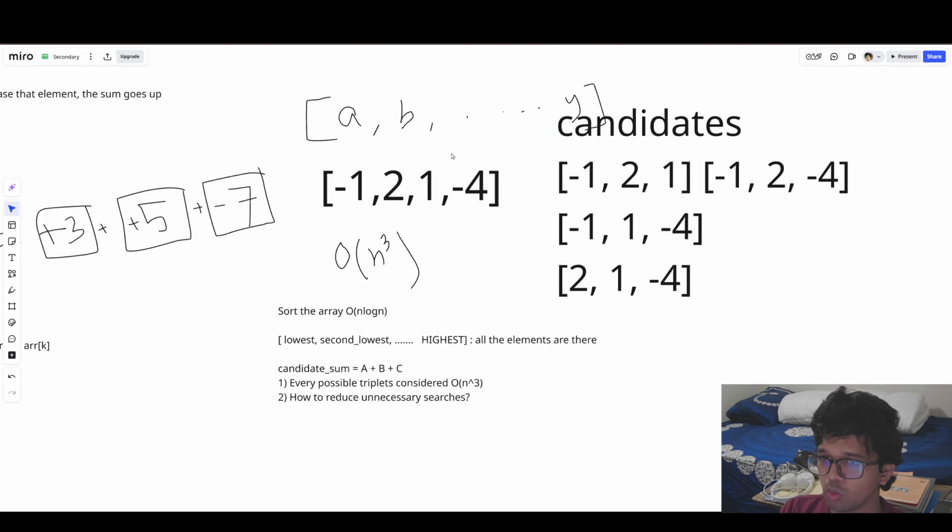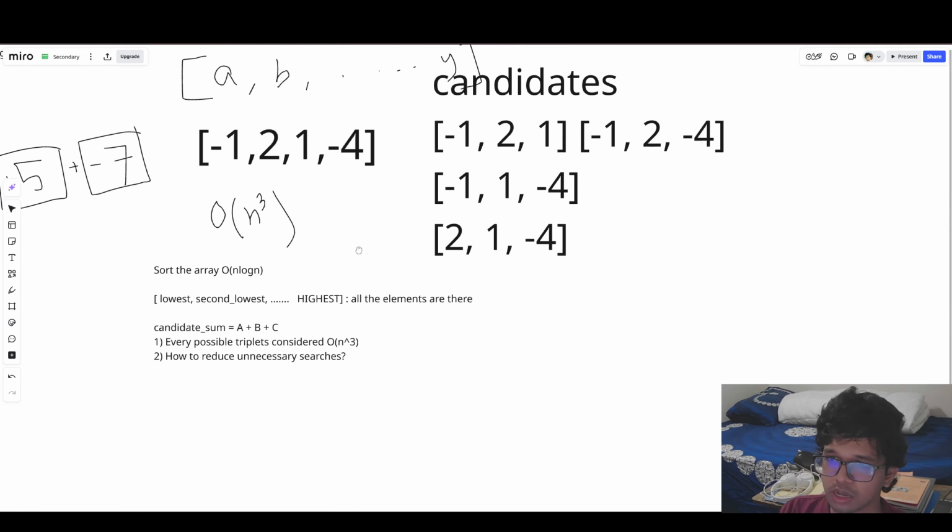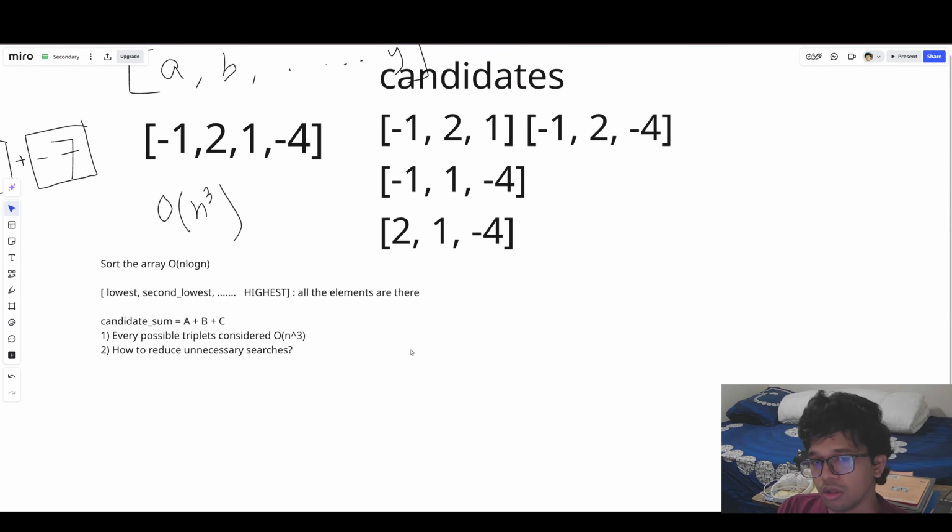We went through our algorithm like this, but we can do better. After sorting our array, we'll go through each item one by one, but the other two items will be selected intelligently. How? Let's say we sort this array, we get -4 -1 1 2.